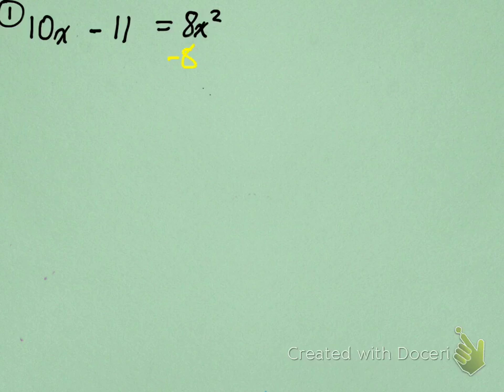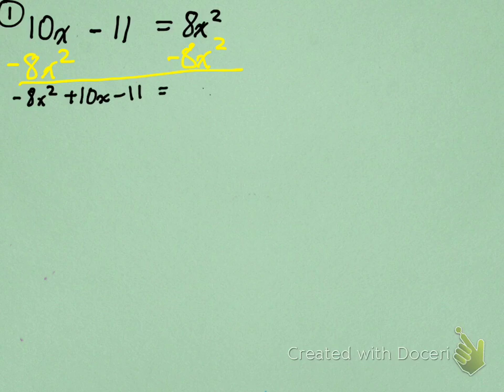So we can minus 8x squared, minus 8x squared, and that's going to create negative 8x squared plus 10x minus 11 equals 0. If you don't want to deal with your a being negative, we can divide every single term by negative 1.